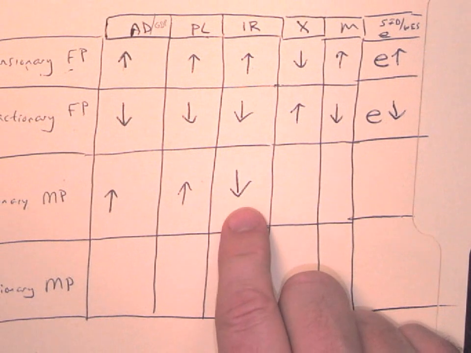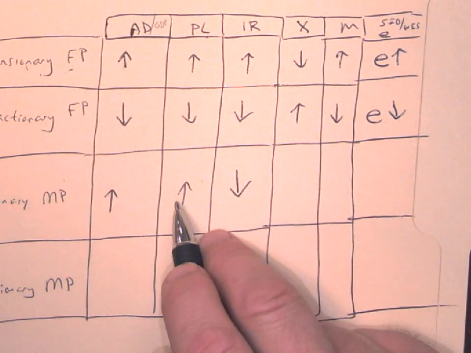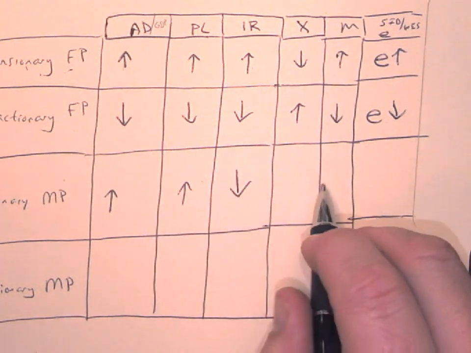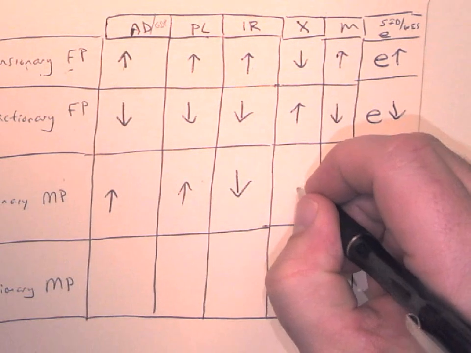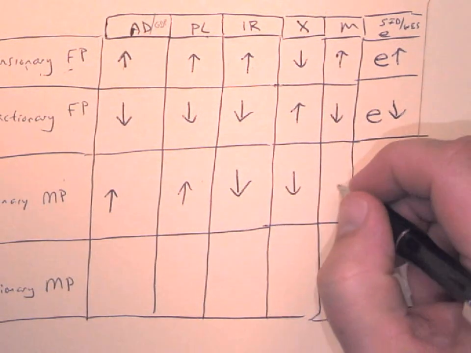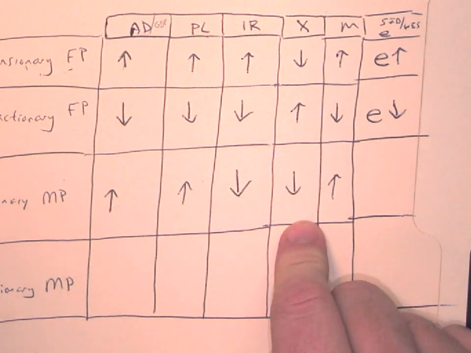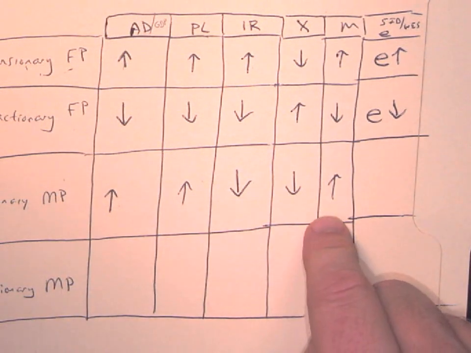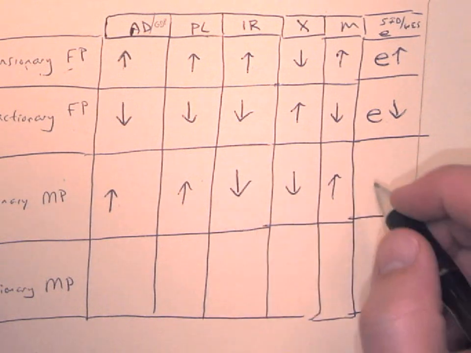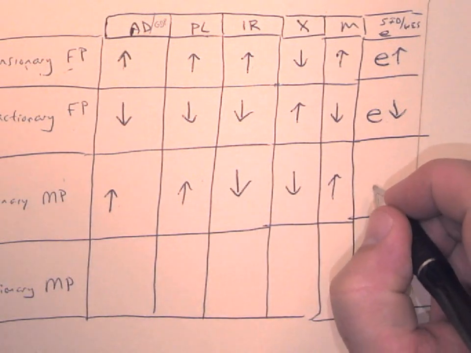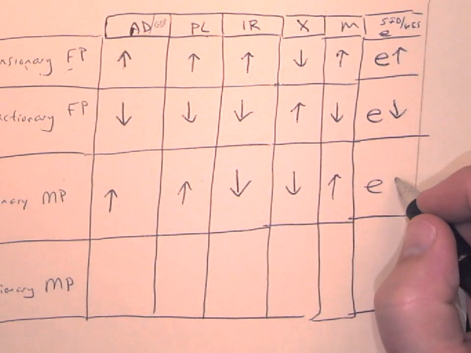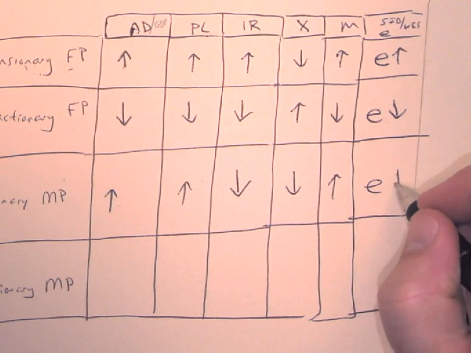So even though our prices are high, our exports are going to decrease because our stuff is expensive. Our imports are going to increase because goods and services in other countries are cheaper for us. But these low interest rates are not going to attract any capital inflows. So our exchange rate is going to decrease.